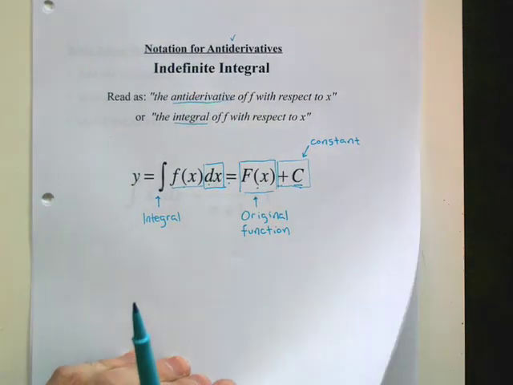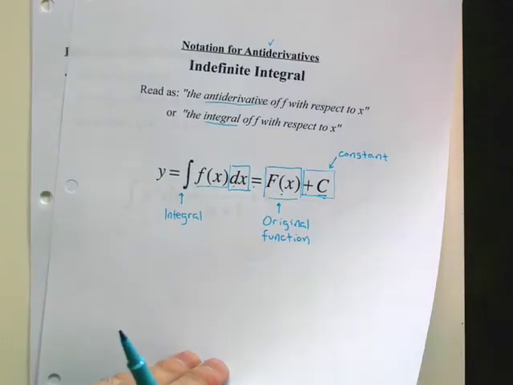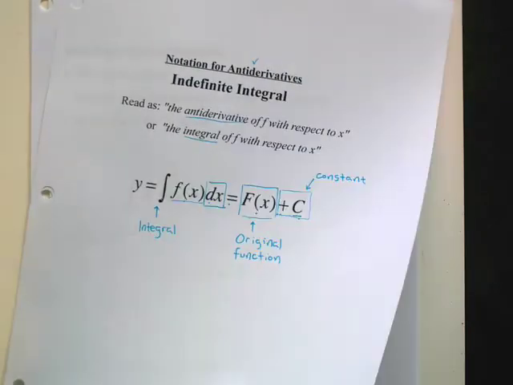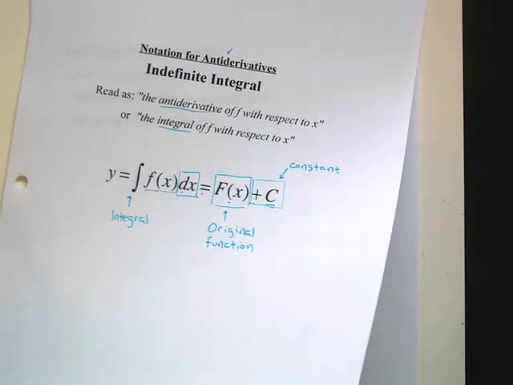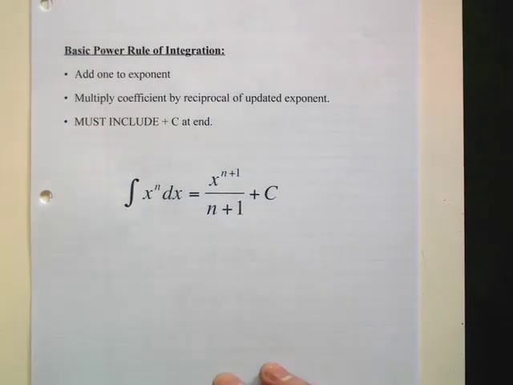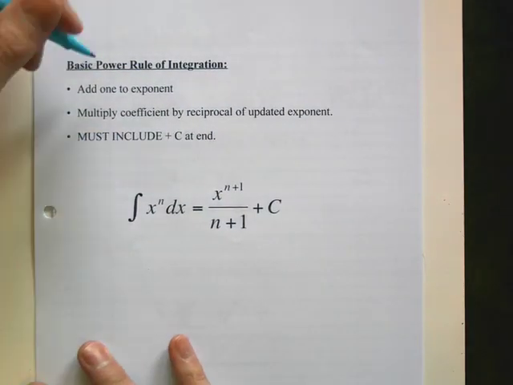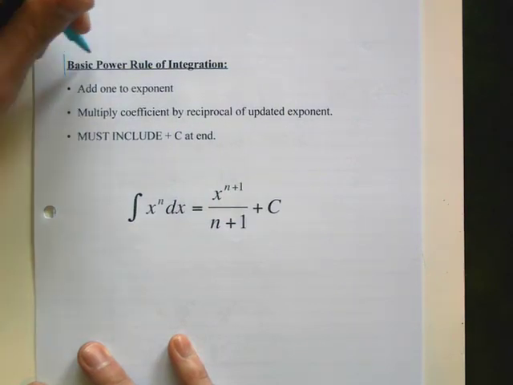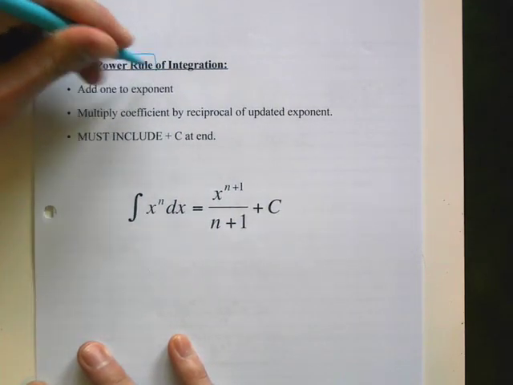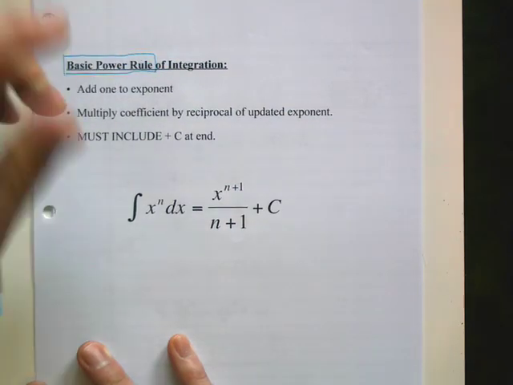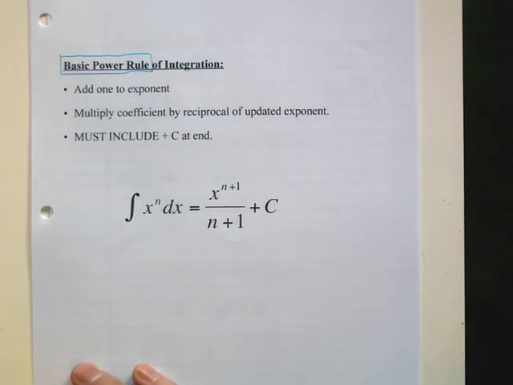So last page here, I'm going to give you a couple steps to write down. That'll be the end of this video. And then I'll go through a couple examples with you guys that, again, should really help you on your lesson today, okay? So the only thing that we're going to talk about this whole week is something called the basic power rule of integration, okay? So just like derivatives, integrals or antiderivatives have rules, okay?